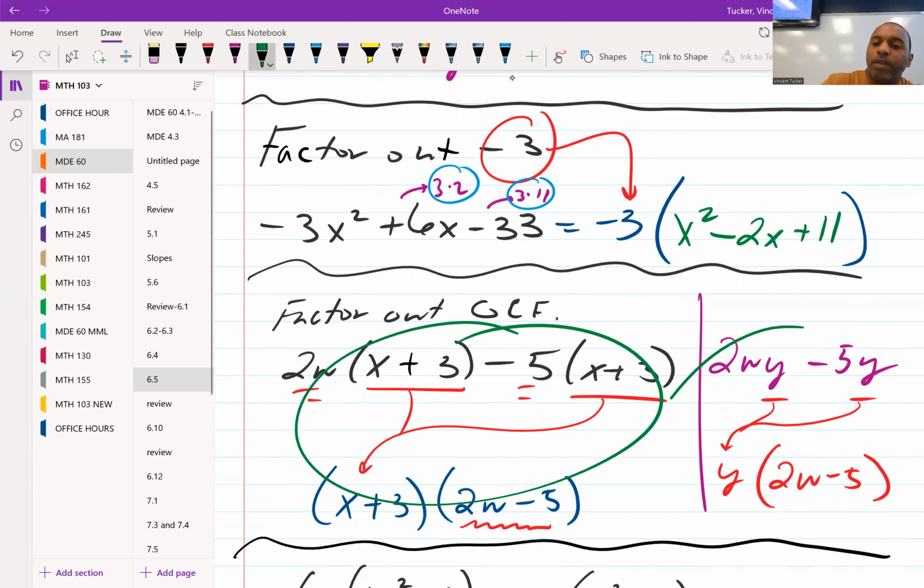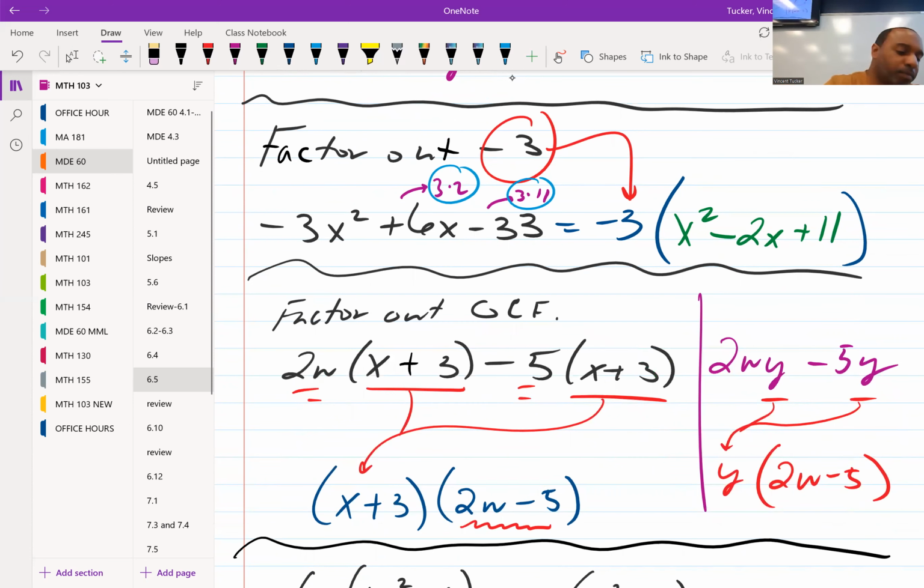So both of these are the same thought process. Any questions?